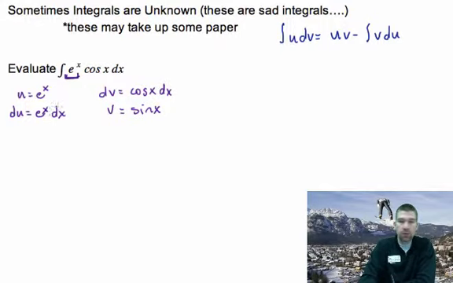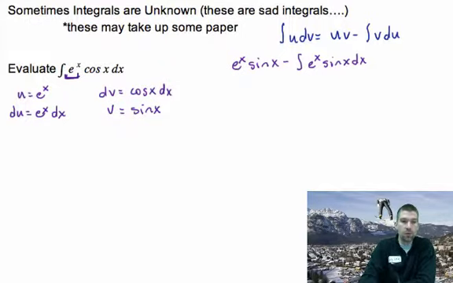What we're going to do is our uv minus the integral of v du. So u times v, that's going to be e to the x sine x, minus the integral of v du, so that's going to be e to the x sine x. All right, so we can't integrate this guy either, because we're basically in the same place that we were right here.